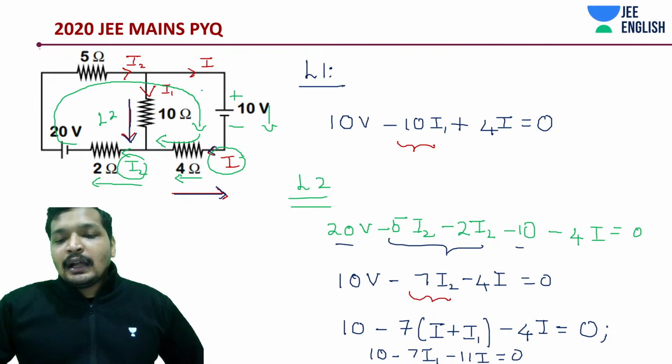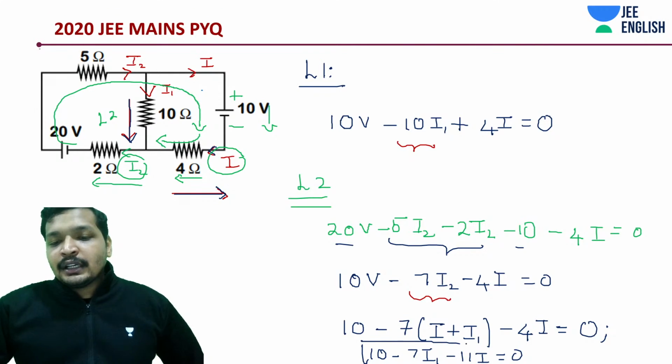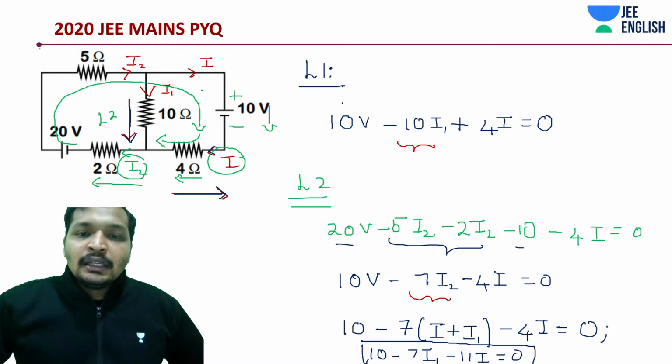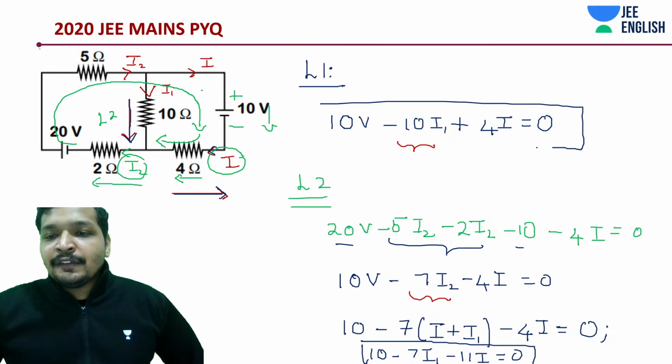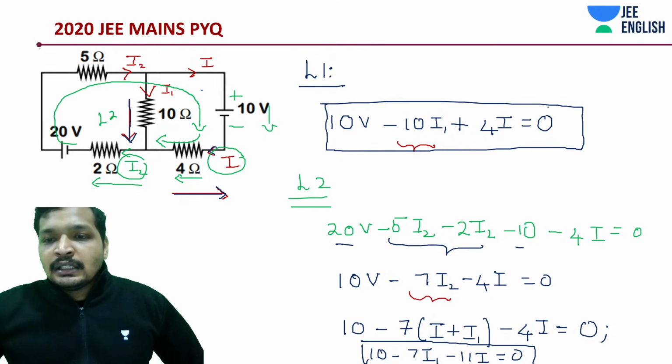Okay, now there is an equation. I'll write down the equation again. Now just focus on what I am saying. You get the final equations, right? This is the final equations.